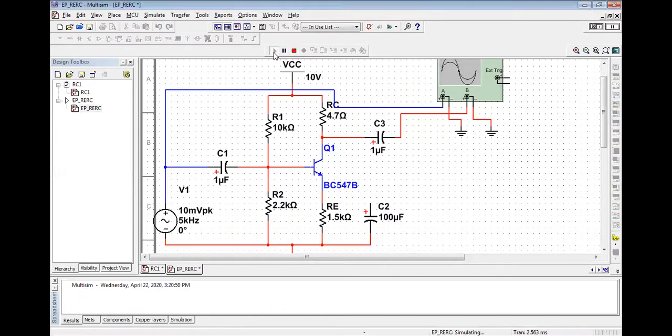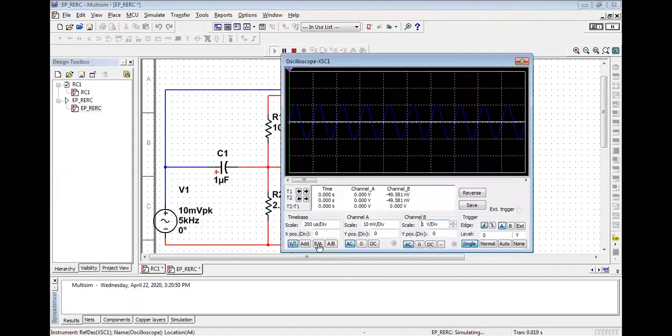See, I have removed C2 from this. Okay, this is your output voltage, you can see.